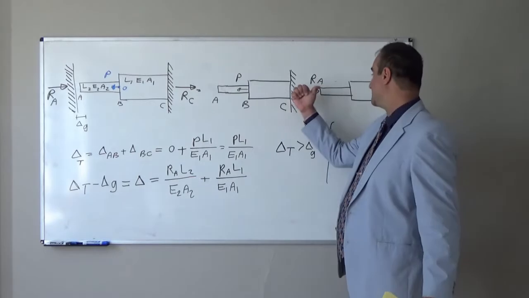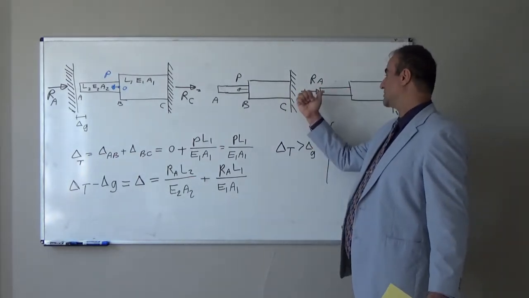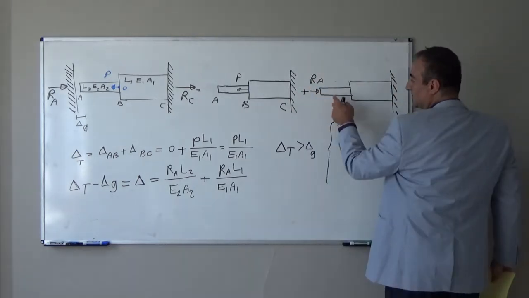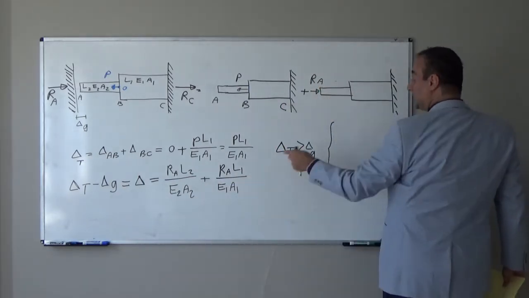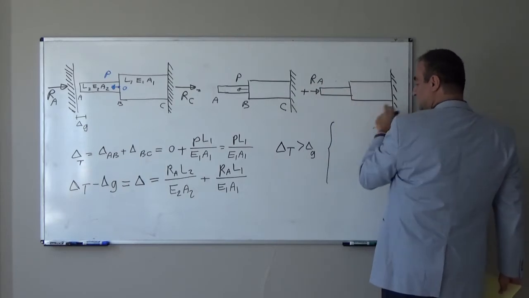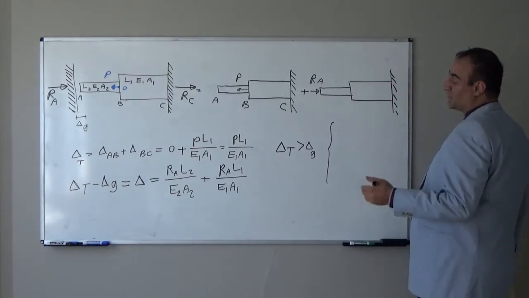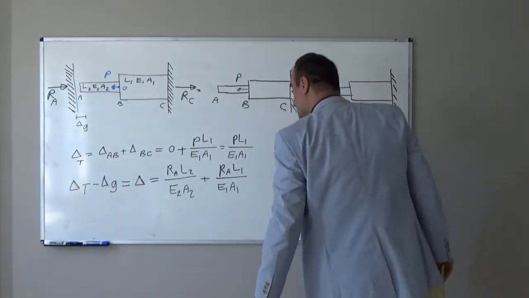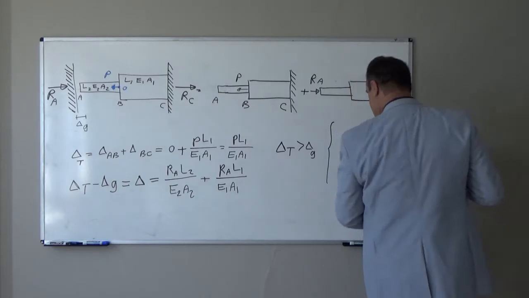That reaction will apply inverse deformation in the opposite direction. That will be reaction times this length over EA of this part, plus this reaction, because it will transfer here, times the length of here divided by EA of that part. That deformation should be equal to delta 2. So from here we can find RA.